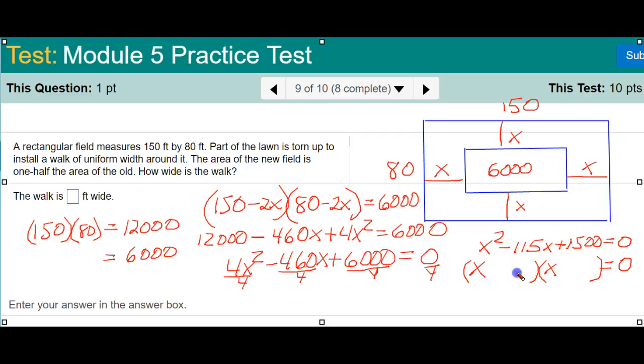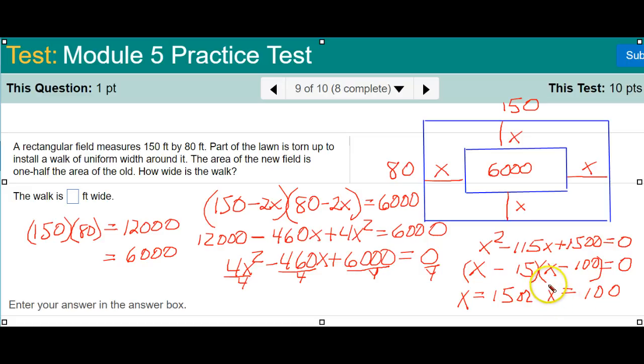Now, this is going to be 15 times 100, and they're both going to be negative. Now, I'm going to do this for you because you'll probably get one with slightly different numbers here. X is going to equal 15, or X would equal 100. And you might say, oh, we got two answers, and they're both positive.